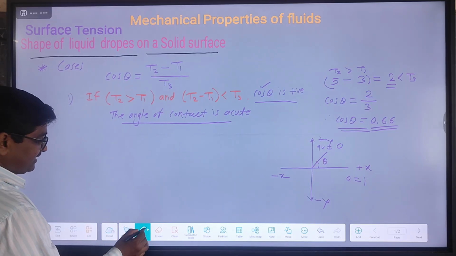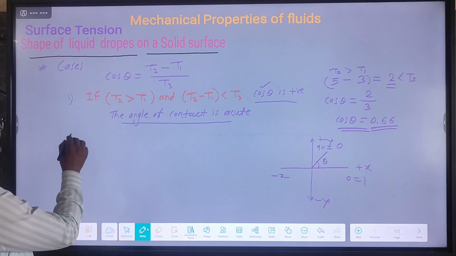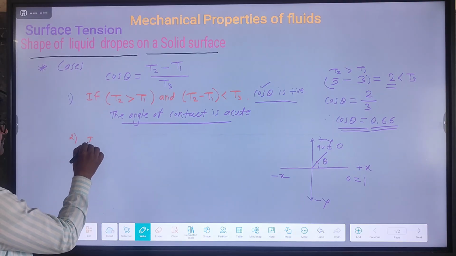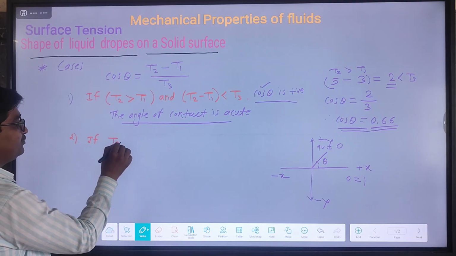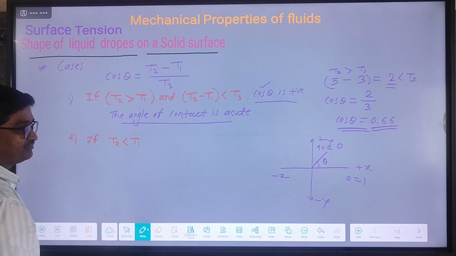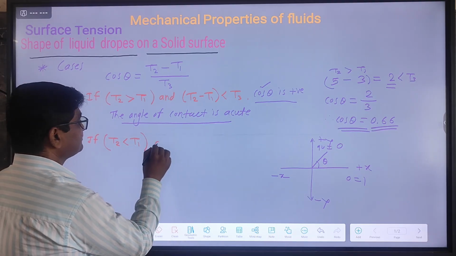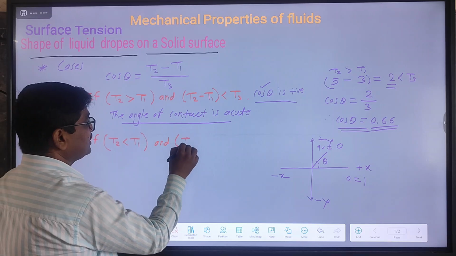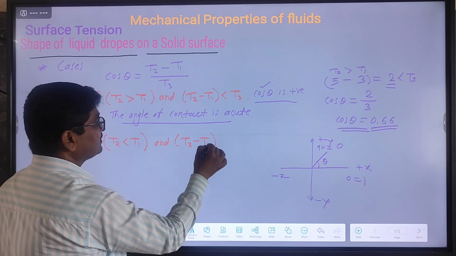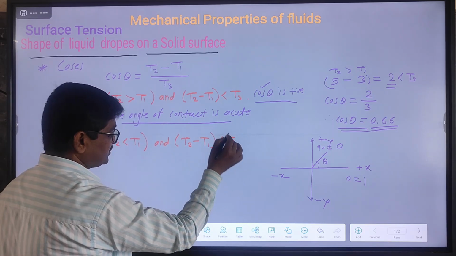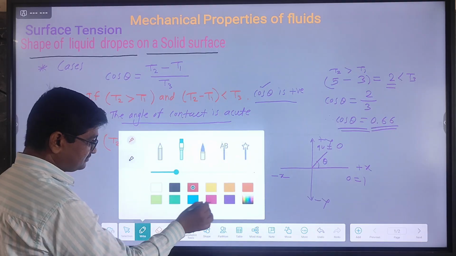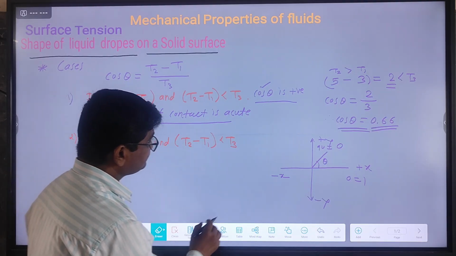Now let's observe the second case. Second case, if T2 is smaller than T1, okay, T2 is smaller than T1 and T2 minus T1 is less than T3. So what is given?